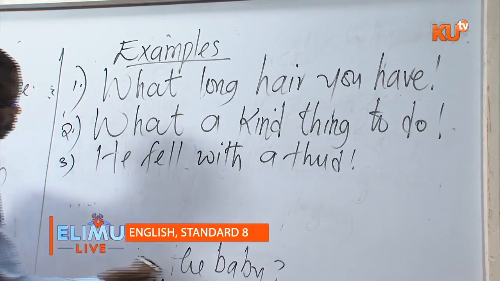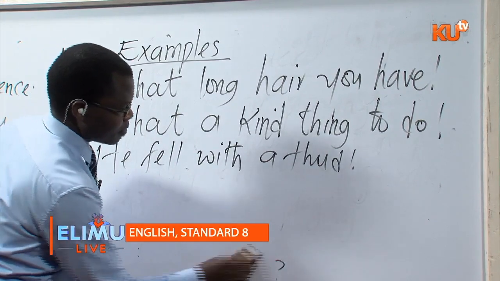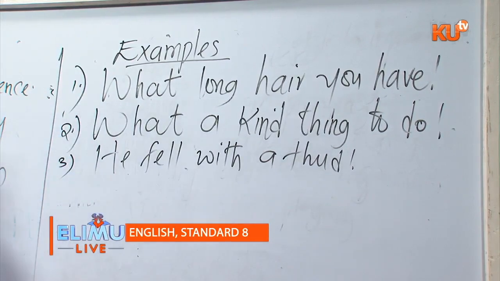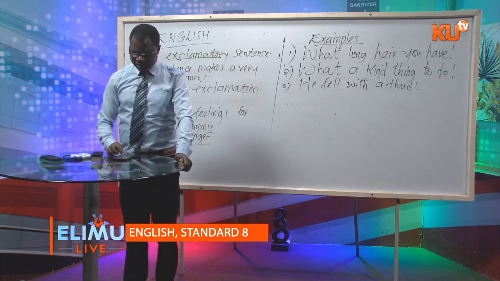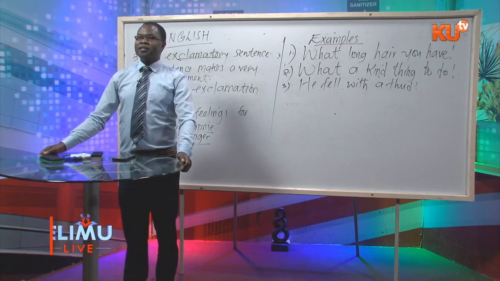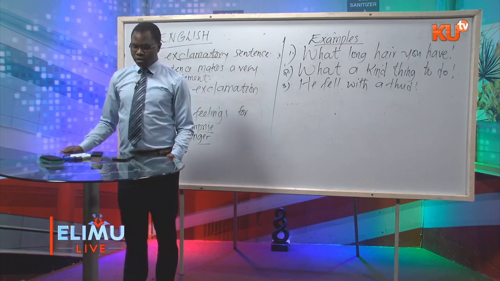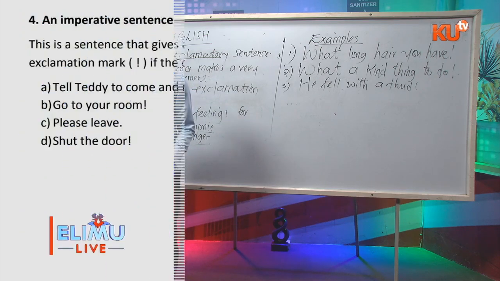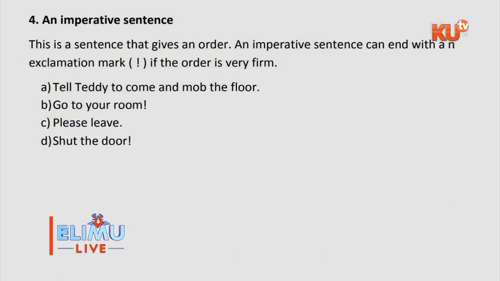For example, surprise or anger. Then I want us to move to the last type of a sentence. And this sentence is called an imperative sentence. It is called an imperative sentence. Sentence number 4 of the types.